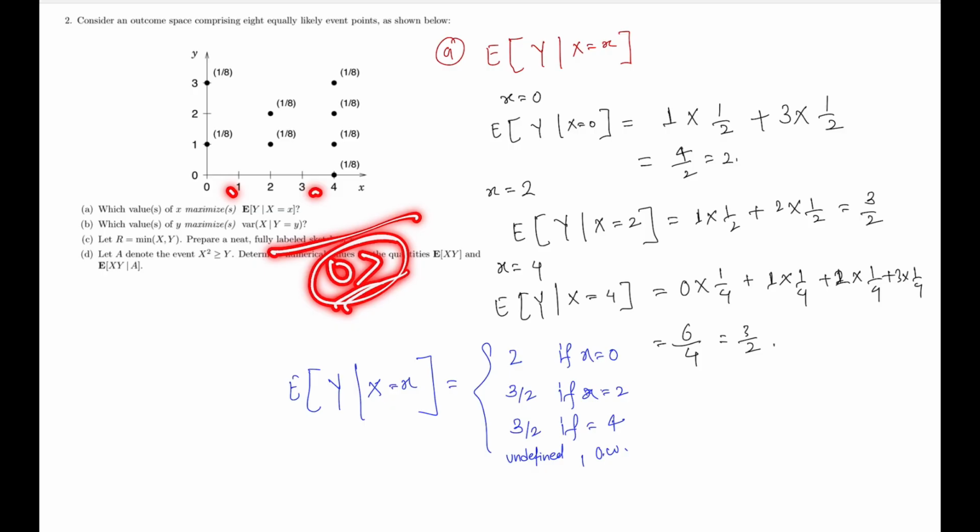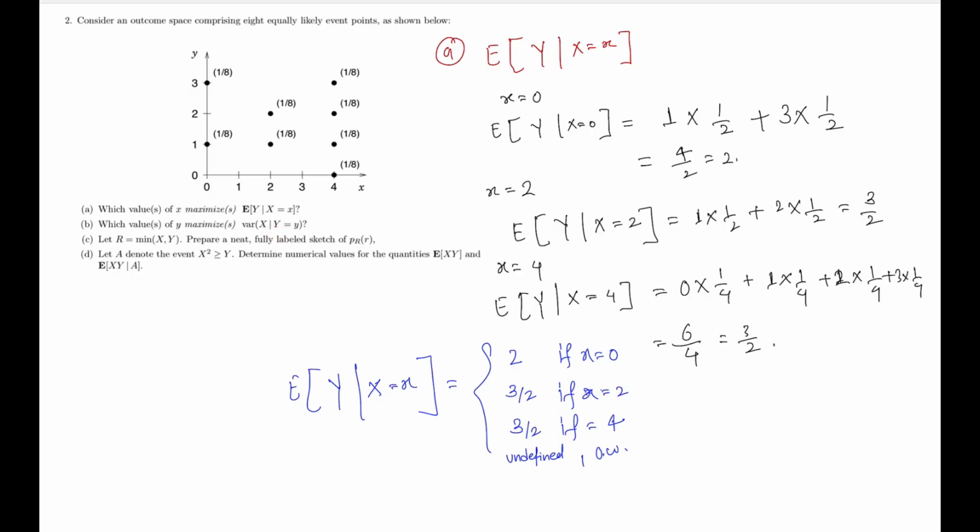For these cases it will be undefined, because the conditional probability itself is not defined. Alright, you have a good idea about this part A. Now let's jump to part B. In this case we have to see the conditional variance.